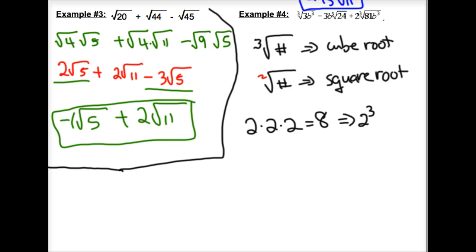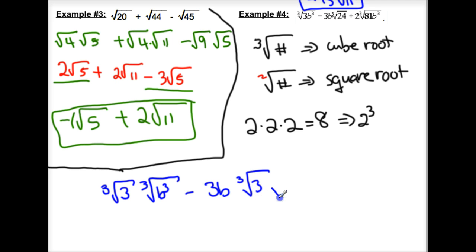Good. So we have the cube root of 3, and then we have the cube root of b cubed minus 3b, and I want to break this down. I know I'm going to have a 3, so 3 times the cube root again of 8.